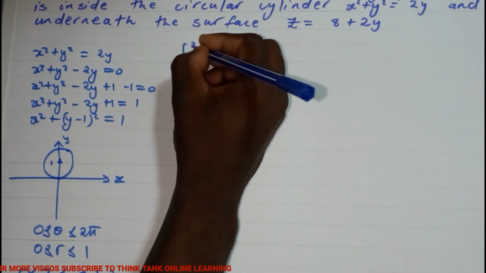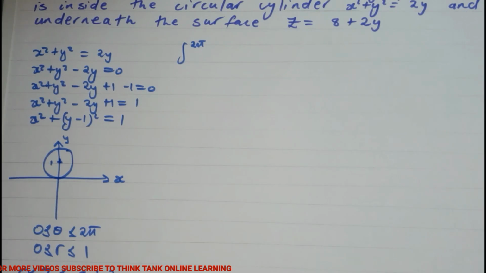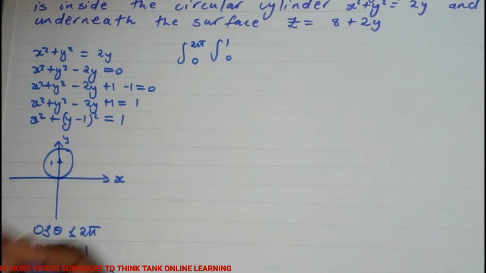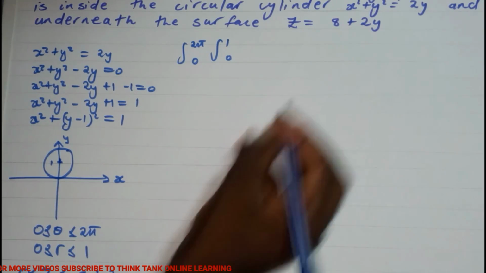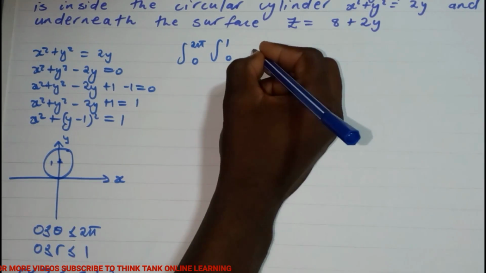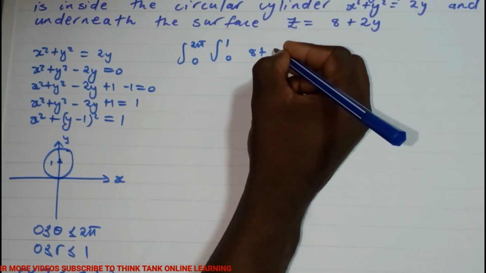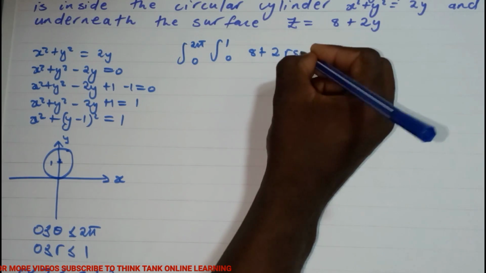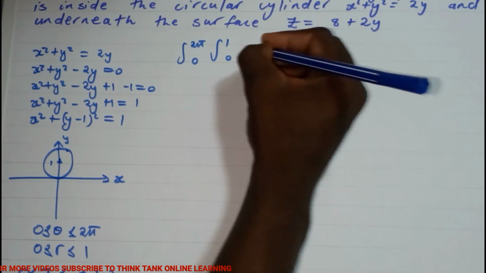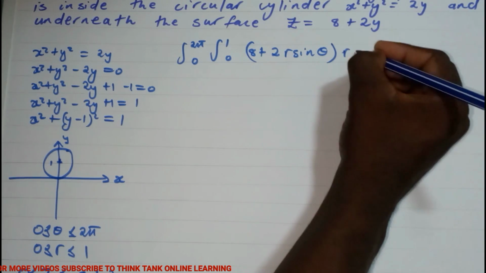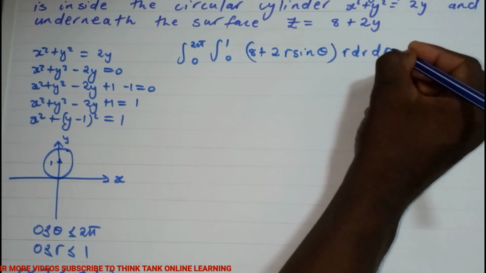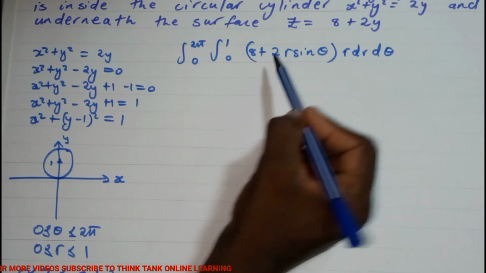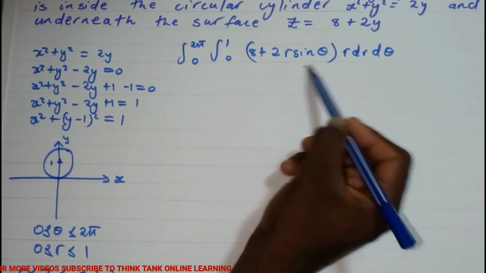We have 2 pi to 0, radius 1 to 0, and the integrand 8 plus 2r sine theta, multiplied by r dr d theta. As you can see, this is the setup of our double integral in cylindrical coordinates.